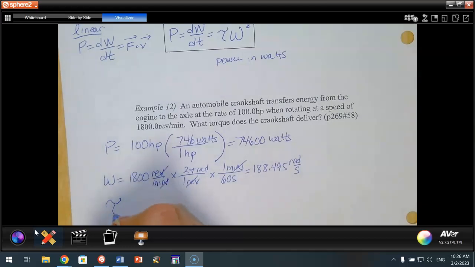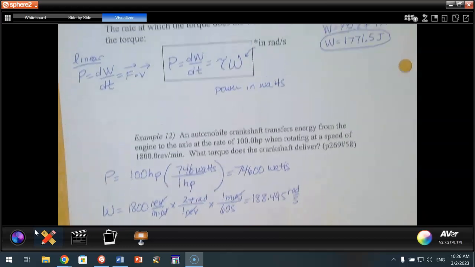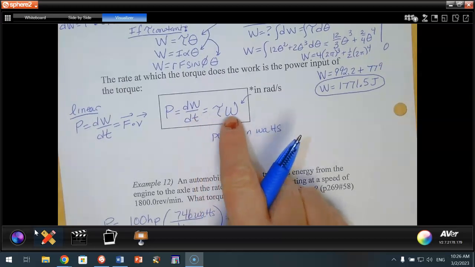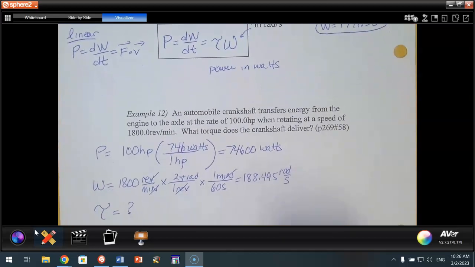And then what I want to know is how much torque is delivered by the engine or the crankshaft to the tires. So as I look up above, the power equation that's going to help me the most is power is torque times the angular speed.